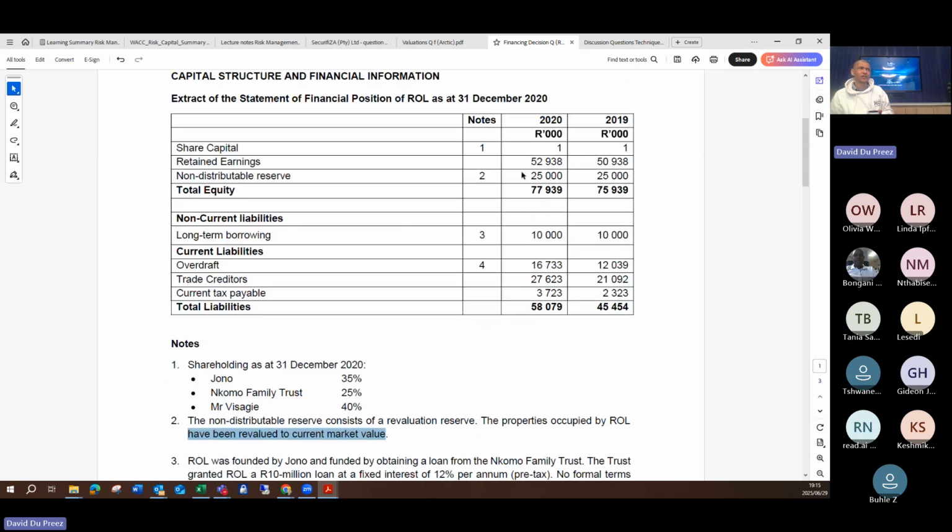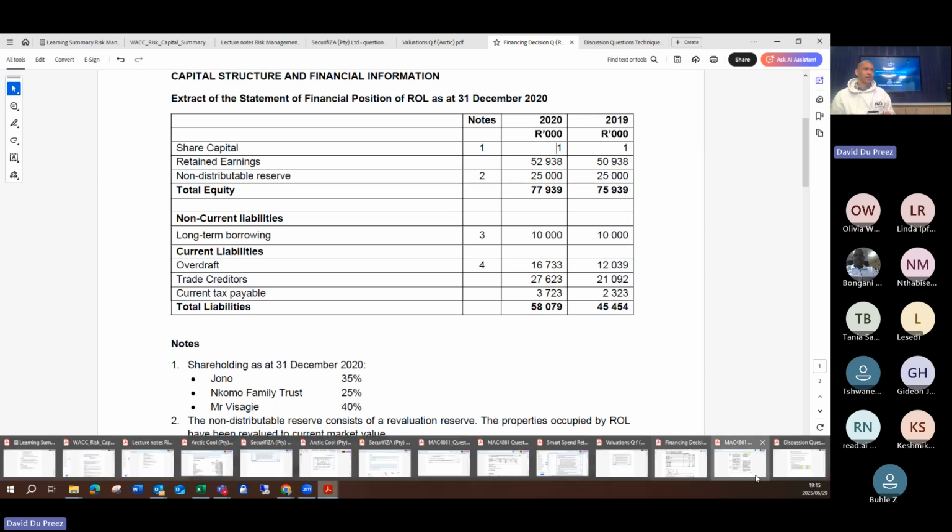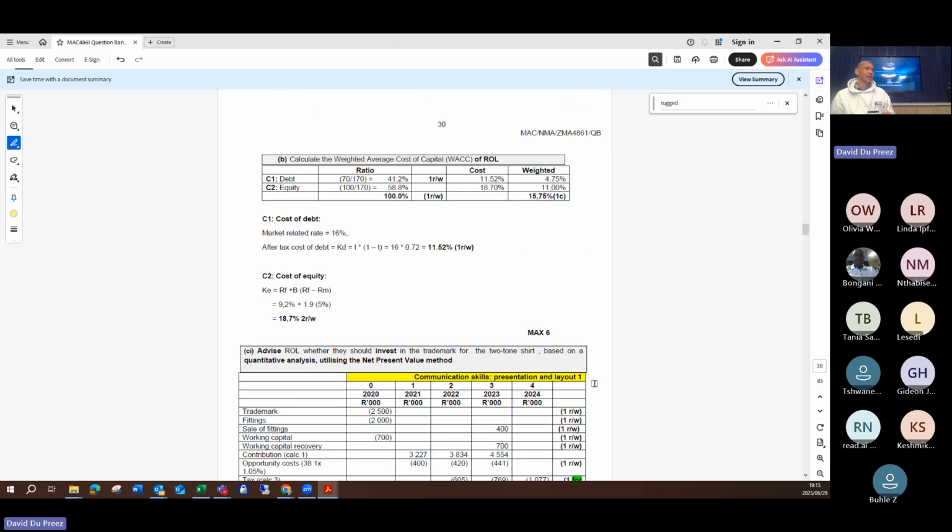So there's also a question: do I include this or not? Should I or should I not? There's retained earnings, and I've got share capital of only 1,000. So I'm going to jump straight to the solution, so that we can see what our thought processes are and why they are what they are.